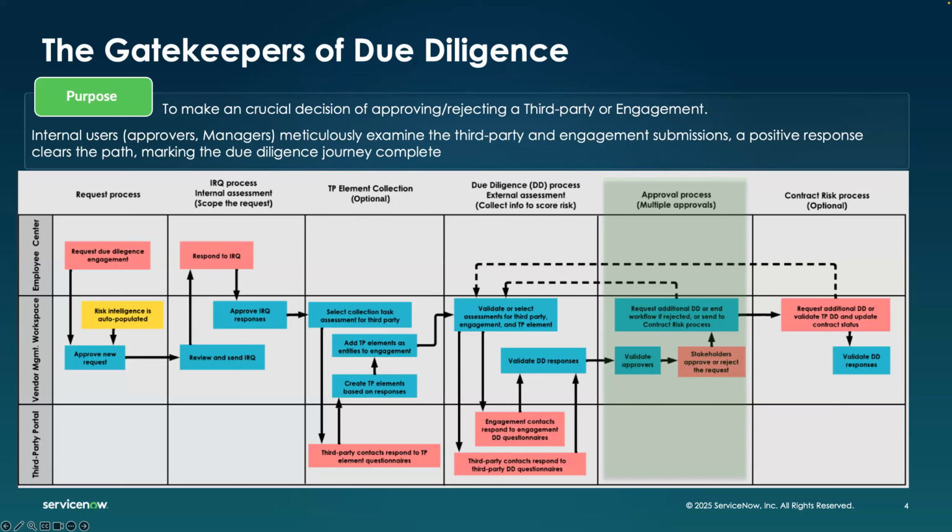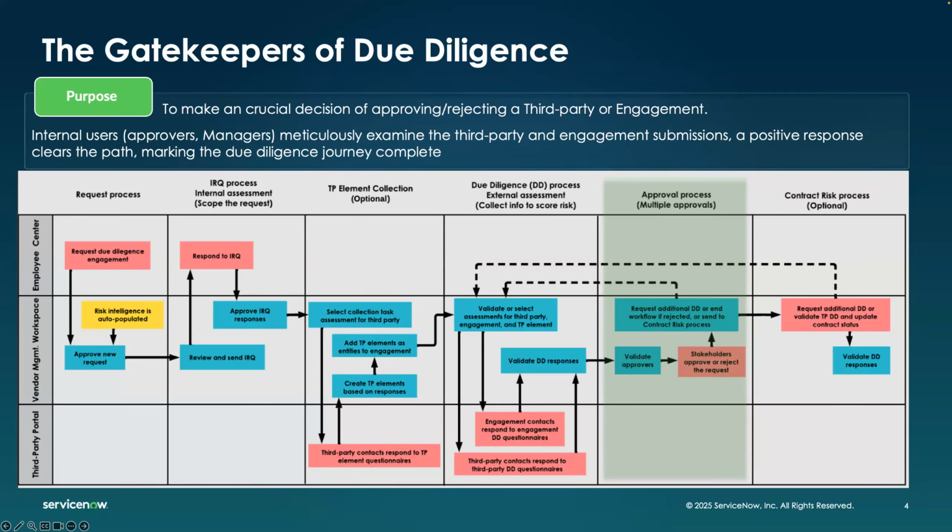In this case, they approve the third party engagement, marking the due diligence journey as successfully completed. Failing to meet the organization's evaluation criteria, they may reject or can also suggest additional due diligence.